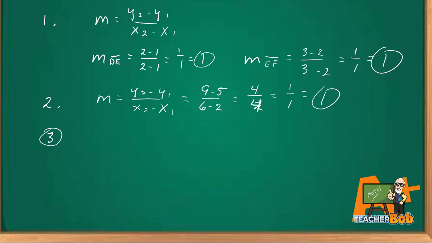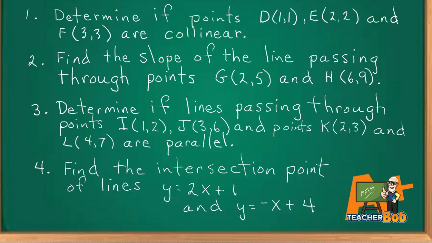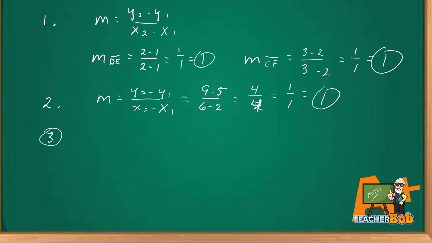And number 4, we were being asked, find the intersection point of lines y is equal to 2x plus 1 and y is equal to negative x plus 4. So we have two linear equations here. If you remember back a couple or 3 years ago, we were looking at linear equations, and they took on the form of y is equal to mx plus b.